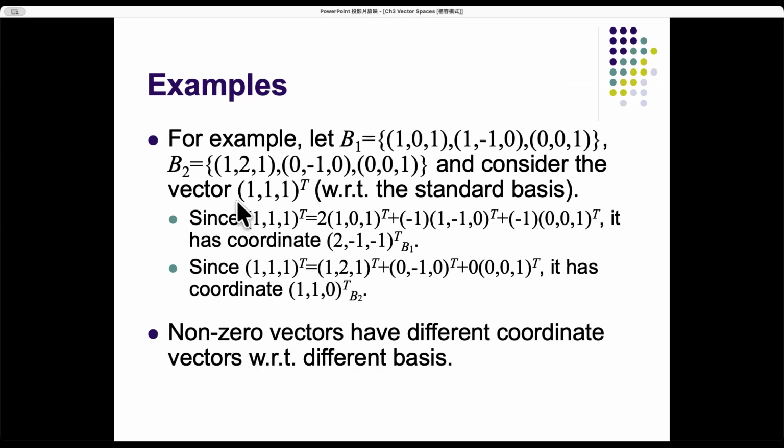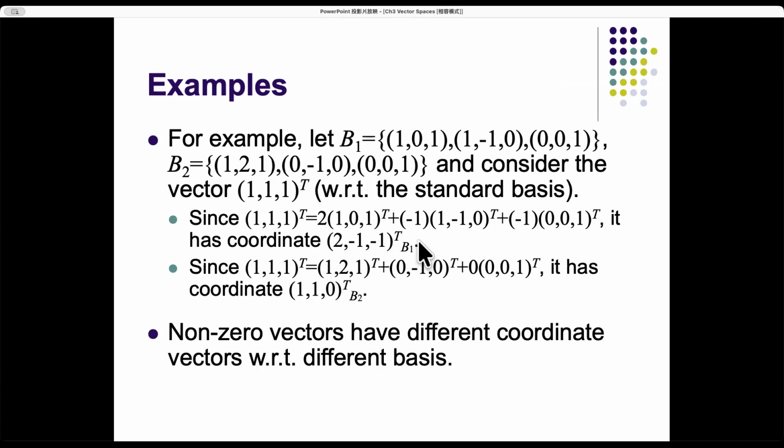This (1, 1, 1) can be written as 2 times the first one plus -1 times the second one plus -1 times the third one, and these 3 are from the first basis. So we know this (1, 1, 1) with respect to the standard basis has coordinate (2, -1, -1) with respect to B1.